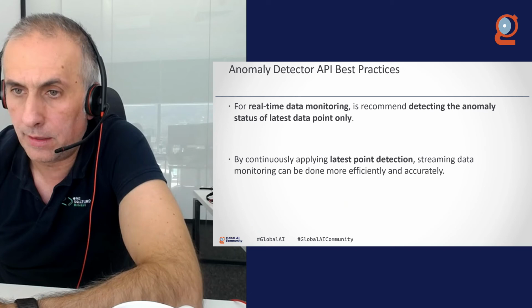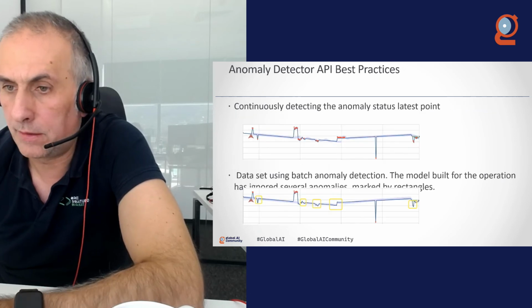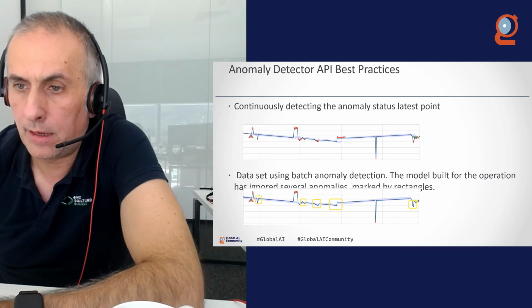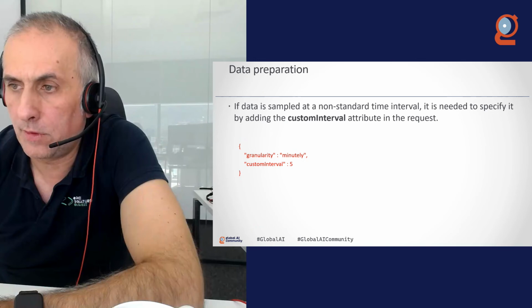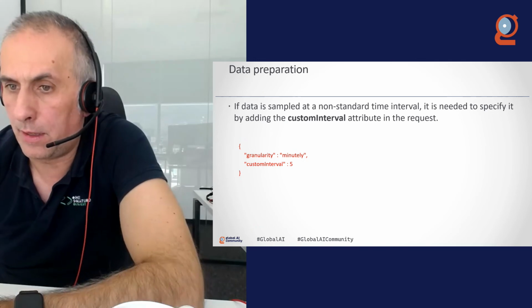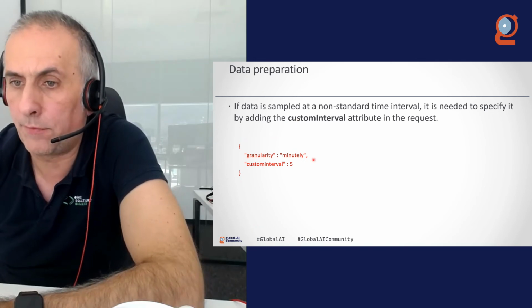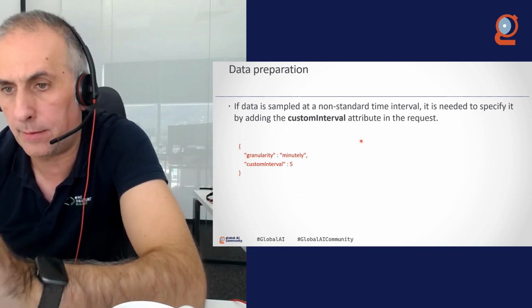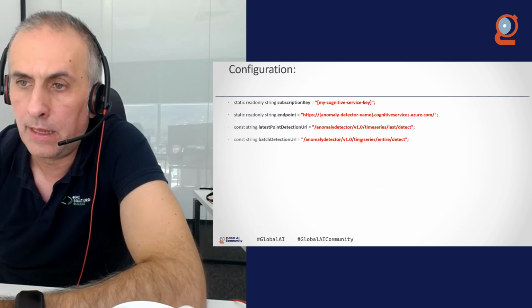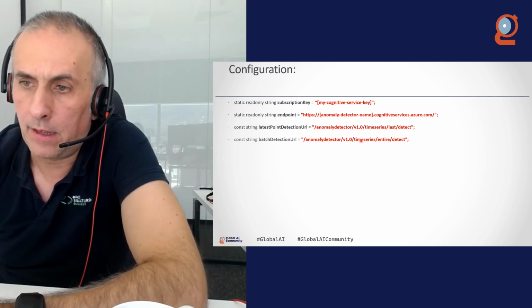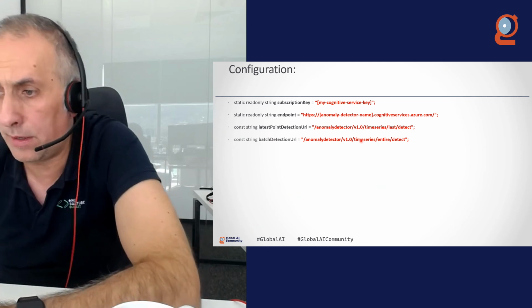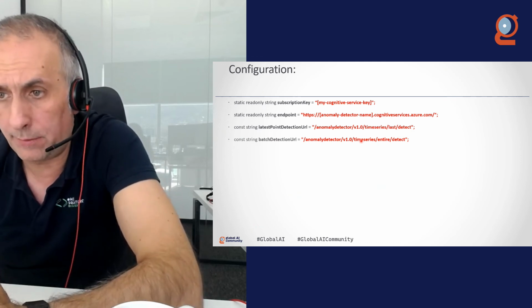And in the end, I will just show several examples of how it works. Like the concept, you need to have the forming of your time series with several settings, granularity, interval, and you need to have calls to Anomaly Detector in the same way as for other cognitive services.